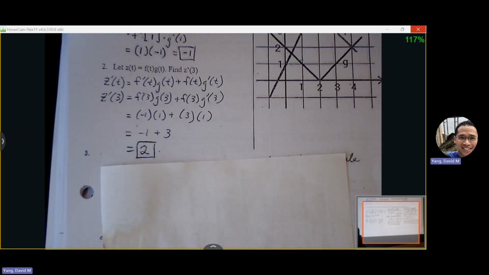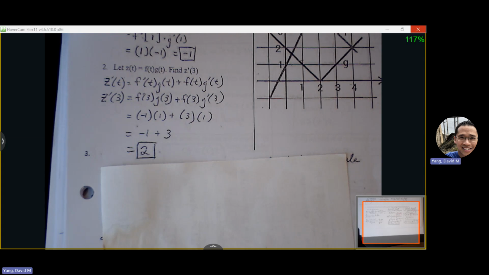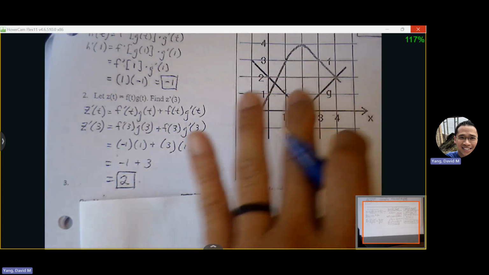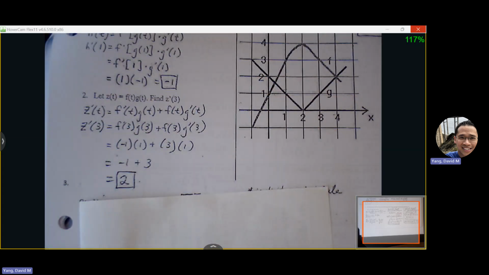Okay, f prime g plus f g prime. Replace every t with 3. And then you're just off to looking for either the y value or the slope of your g and your f graph.